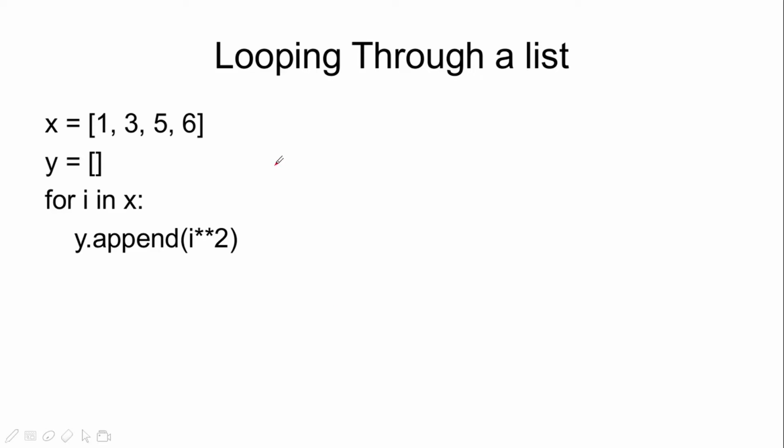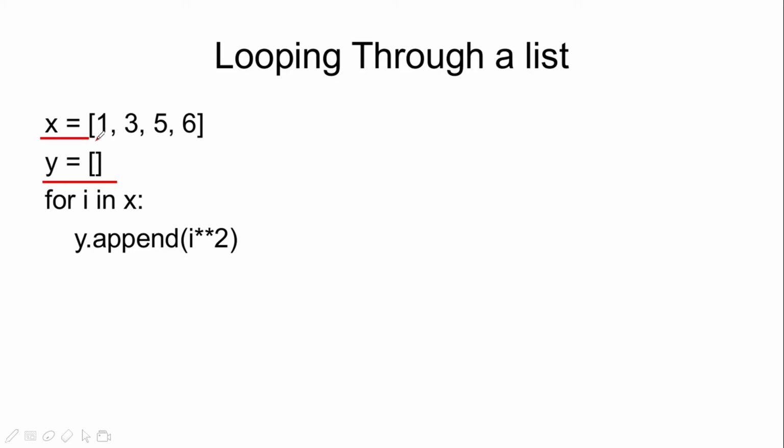To loop through a list, you simply use a for loop. For example, list X has these values, and Y is an empty list. For i in X, this will iterate through each element of the list.